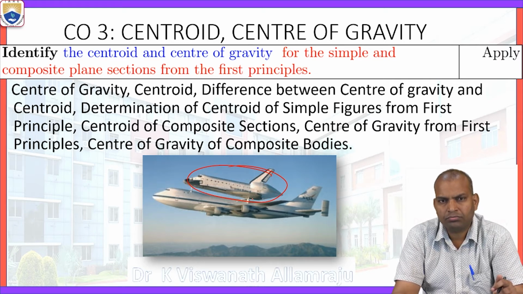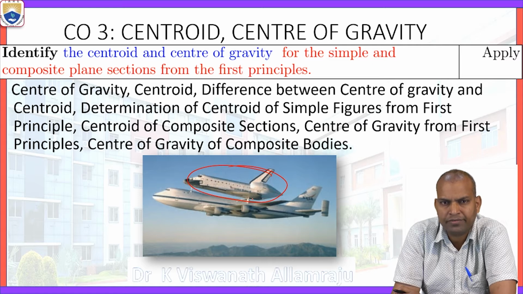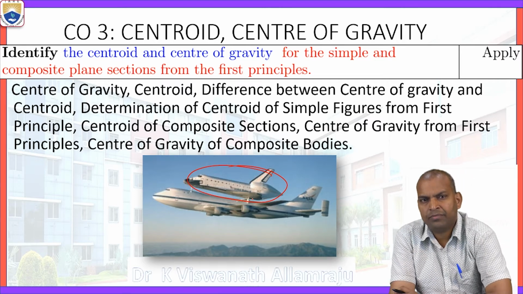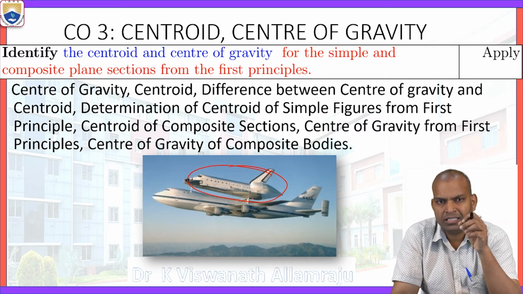And also the centroid and center of gravity is highly useful for calculating moments of inertia. There are two types of moment of inertia: area moment of inertia and mass moment of inertia. In the case of area moment of inertia, it is useful for applying the parallel axis theorem: Ix equal to Ig plus A times bar x bar y square, where Ig is about the center of gravity.